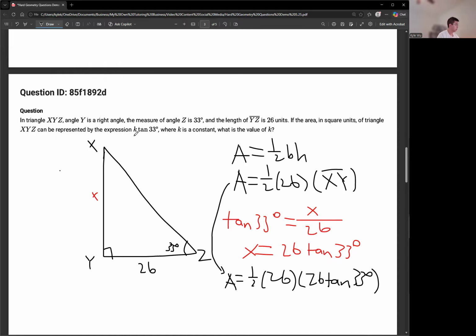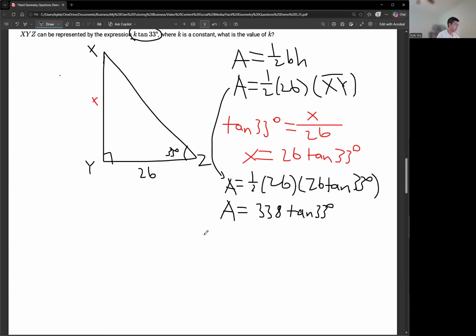Because they're asking us to express the area as K tangent of 33. So we want the tangent of 33 to stay in the area formula. And now 1/2 times 26 times 26. That's going to be some number times tangent of 33. And when you put this into your calculator, you get that the area is 338 times tangent of 33.